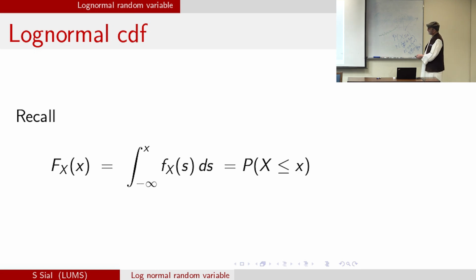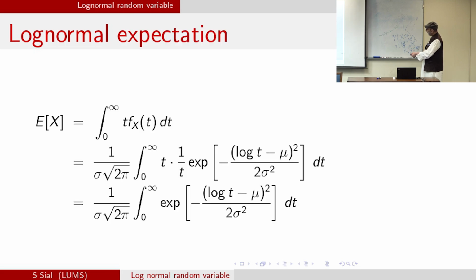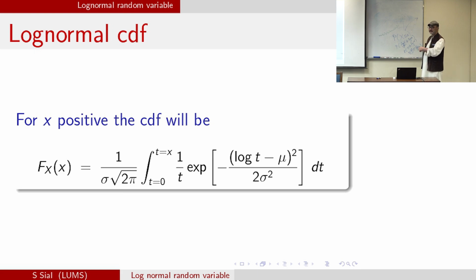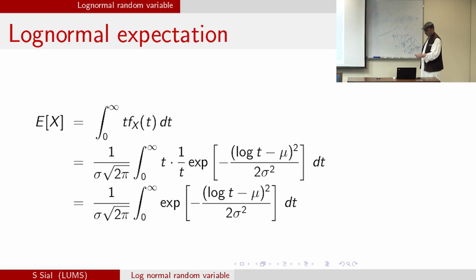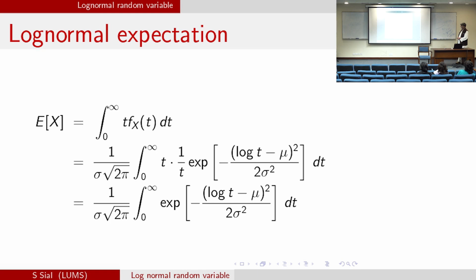So in principle, this is what it is, but we don't really need to calculate values of this. These can be related to the values from a Z table. If we want the expectation of x, you integrate t times f sub x of t from t equals minus infinity to infinity, but the PDF is 0 for non-positive values, so you integrate from 0 to infinity.